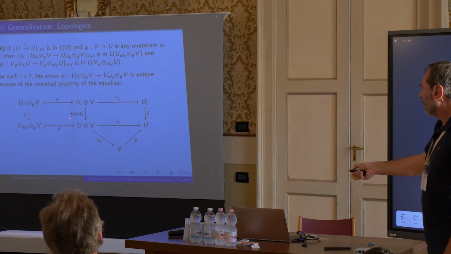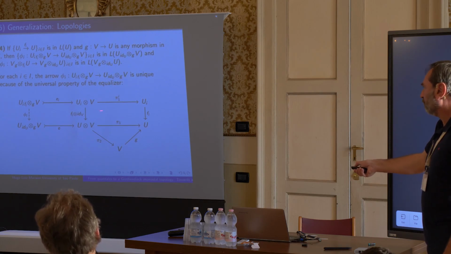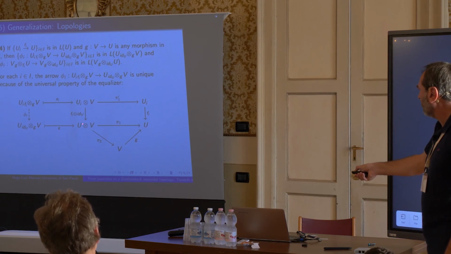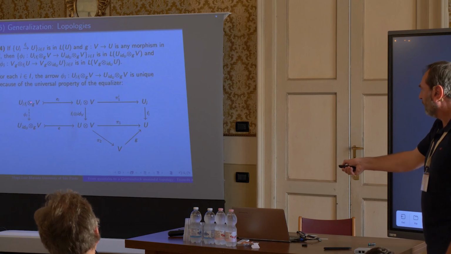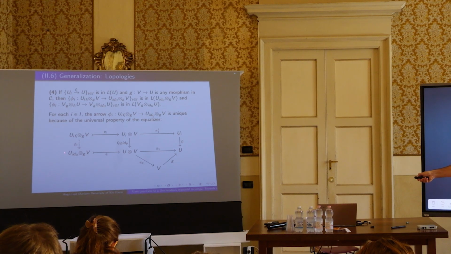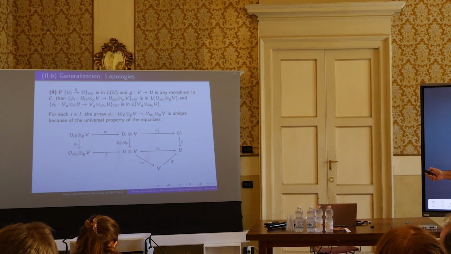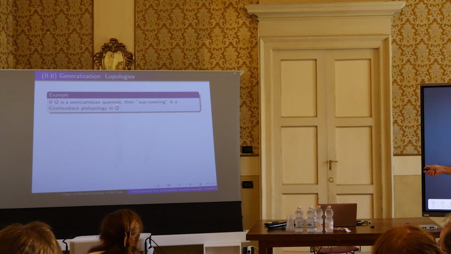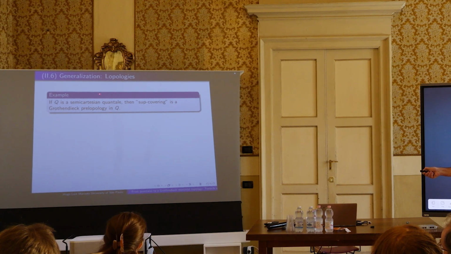So in a usual Grothendieck topology, the pullback of a covering covers the object. This is not the case here. You take the pseudo-pullback of a covering, and it gives a covering of this other pseudo-pullback. Of course, when we have the semi-Cartesian quantale, with the sup, this gives a Grothendieck pre-topology, and axioms 1, 2, 3 imply 4.